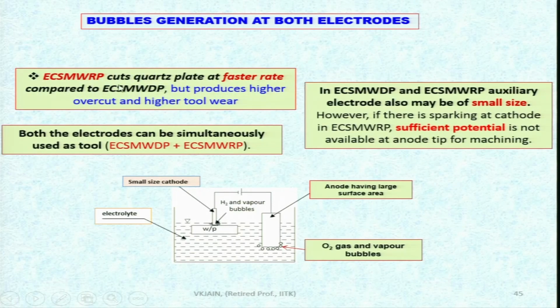Reverse polarity cuts quartz plate at a faster rate compared to direct polarity, but produces higher overcut and higher tool wear. So, one has to look into the merits and demerits of reverse polarity and direct polarity, and accordingly decide which polarity you should use for sparking to take place and for creating micro features.